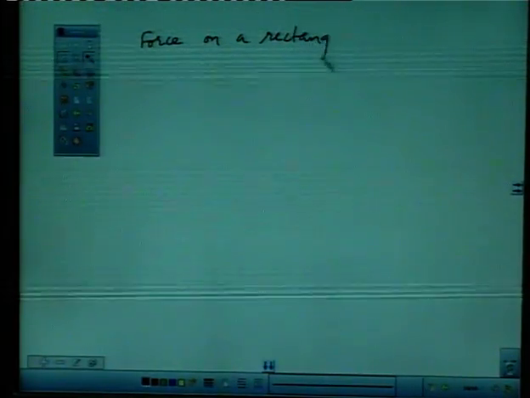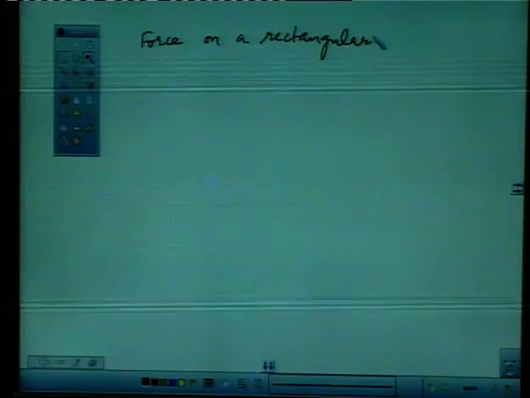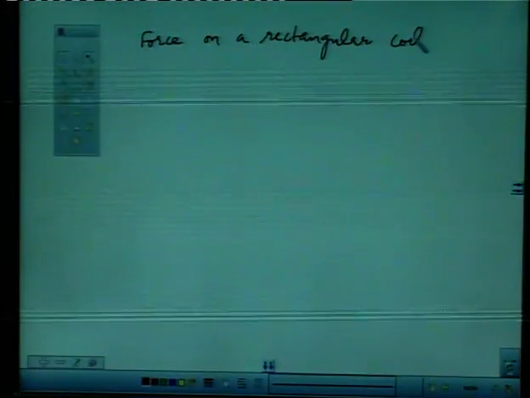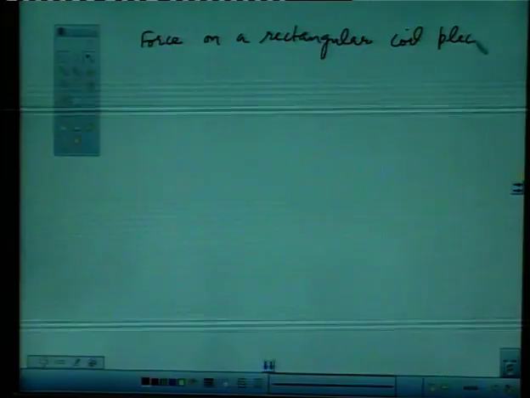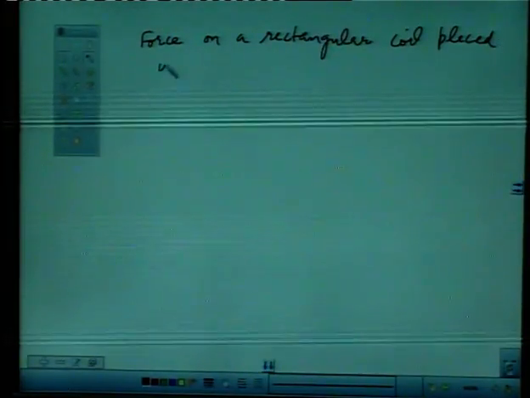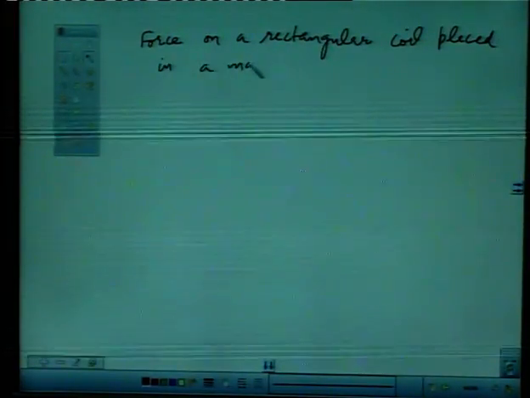Now we talk about force on a rectangular coil placed in a magnetic field.